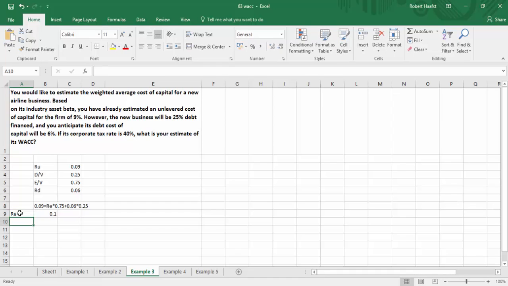And now we can do the complete calculation again, but now for the WACC, which is again 10% times 75% plus 6% times 25% times our tax shield, which was 40%.